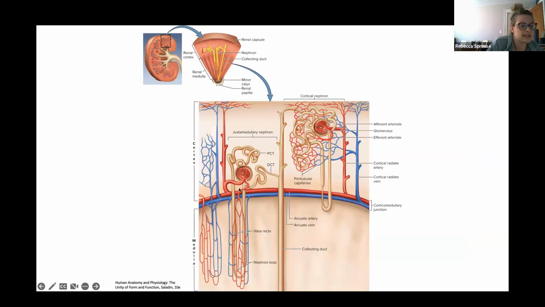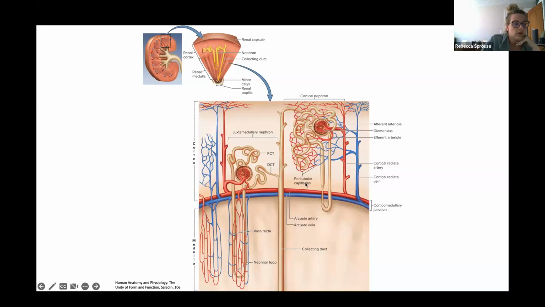And notice that this is a juxtamedullary nephron because it's dipping down lower into the medulla than the other one. So this is going to enter a capillary network called vasa recta. And then that will enter our arcuate vein, out the interlobar vein, and then out the kidney.